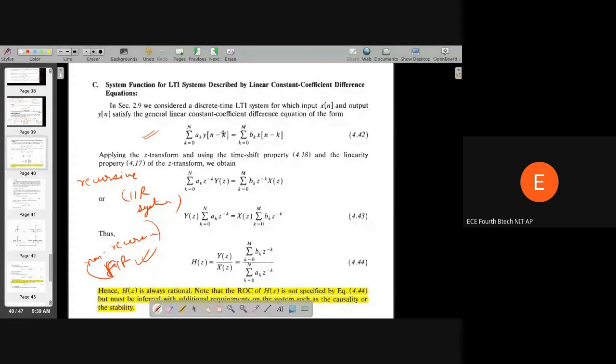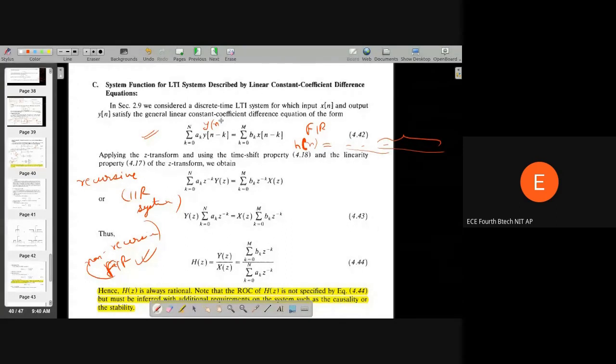If in this equation there is only y[n], the output has no dependency on previous outputs, then this becomes an FIR system. Finally, if you find the impulse response h[n], you will find that it has a finite number of indices where it has some values, and the rest will be zeros. It only lasts for a finite duration. That is called finite impulse response.